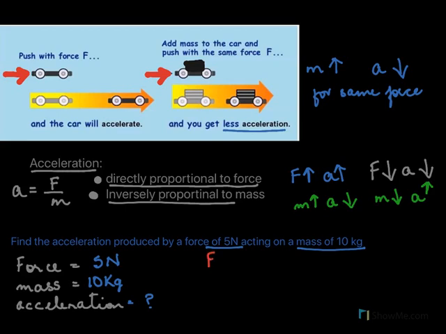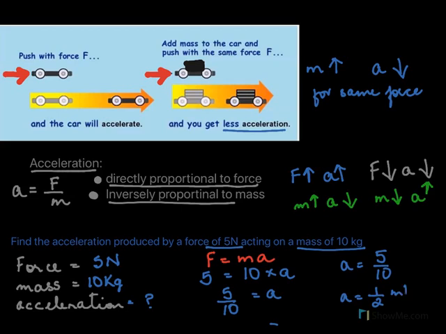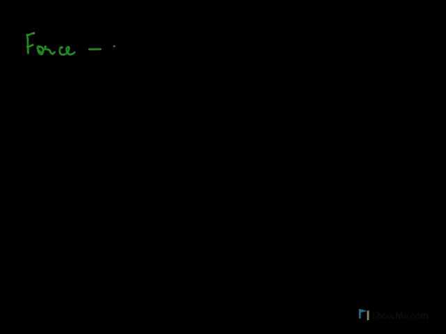The formula of the second law says F equals M into A. So let's put the values that we know. F is 5 newtons, mass is 10, and the A we need to find. So the acceleration equals 5 over 10, which is 1/2 meter per second square.